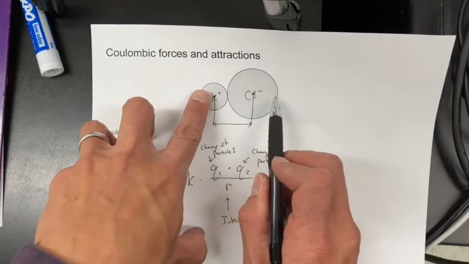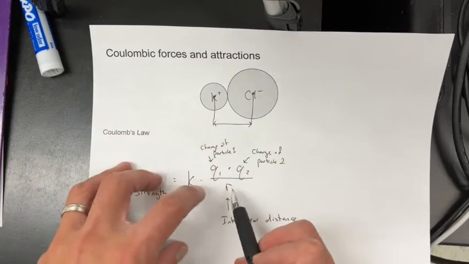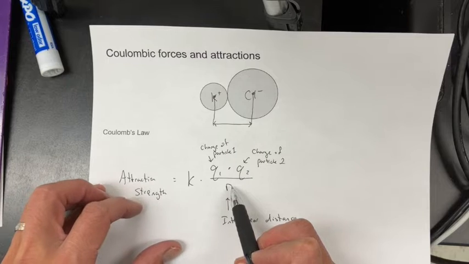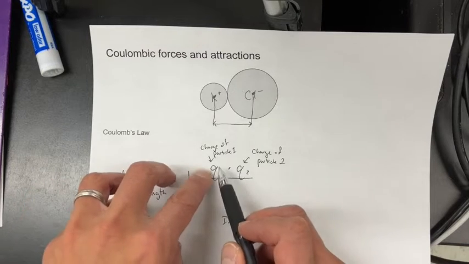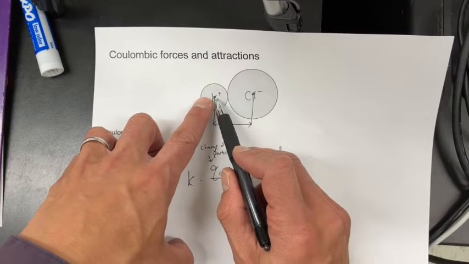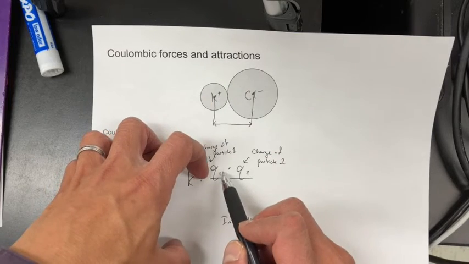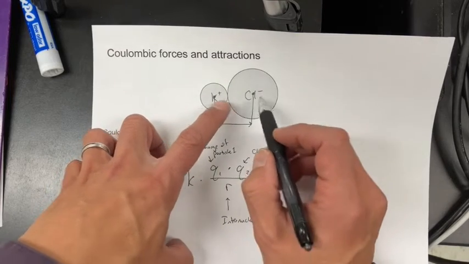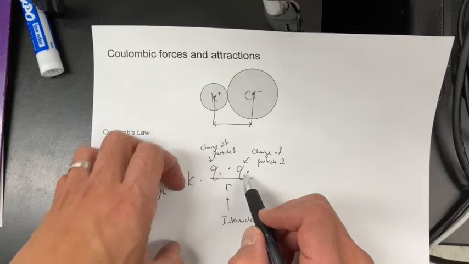Or if R gets bigger, then this attraction is going to go down. Or if I change the charge, I can also make the attraction change.